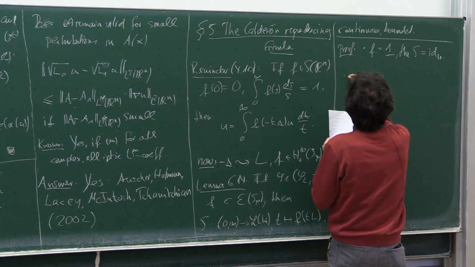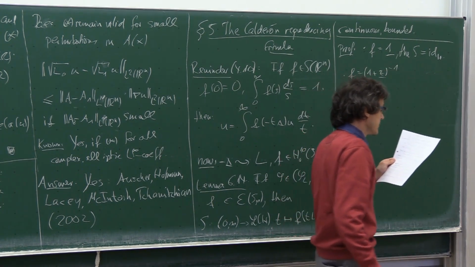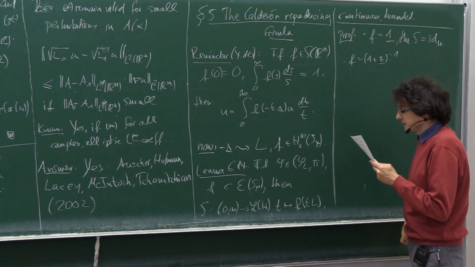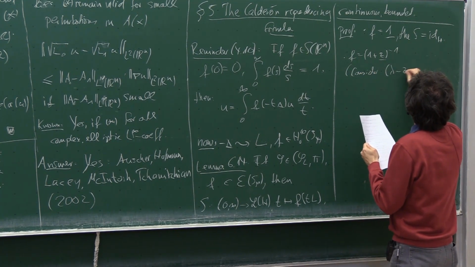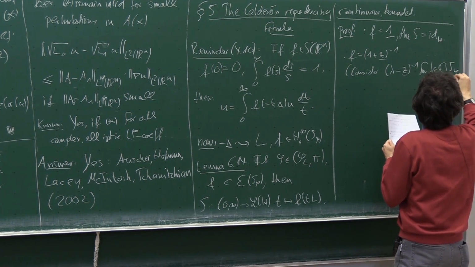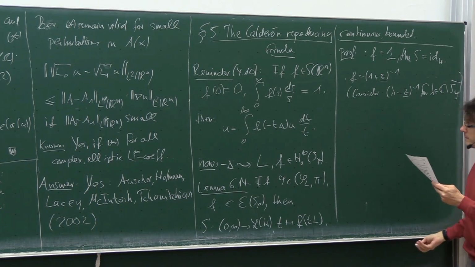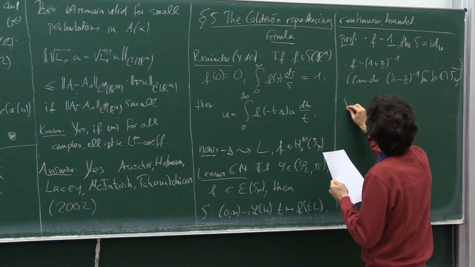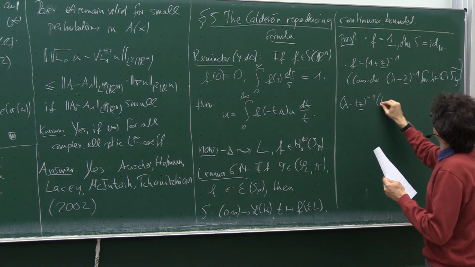Second case, if f is the inverse of 1 plus z, then I will even show it for general resolvents. Yeah? So we consider (lambda minus z)^(-1) for lambda being outside of the sector with angle phi. And then you take lambda equals minus 1, and then you get it. Okay, so we have to look at this function.